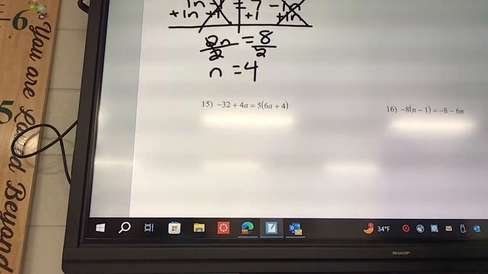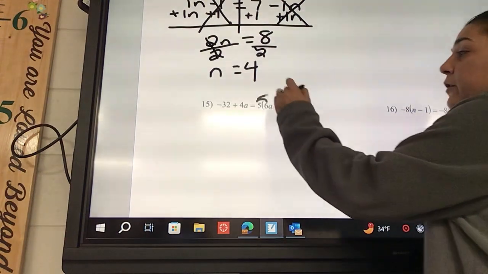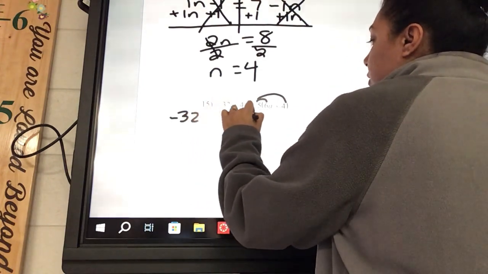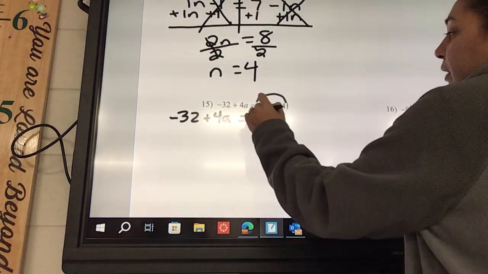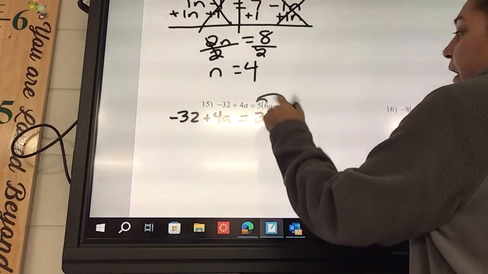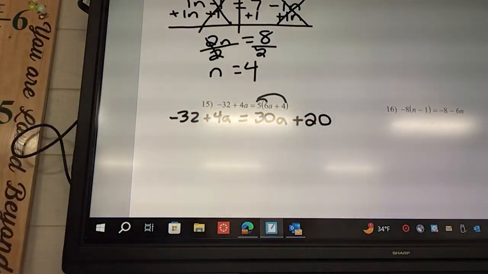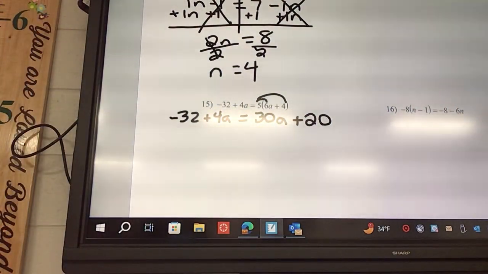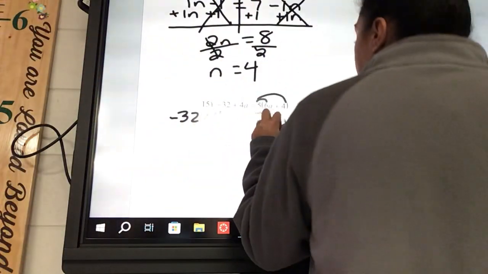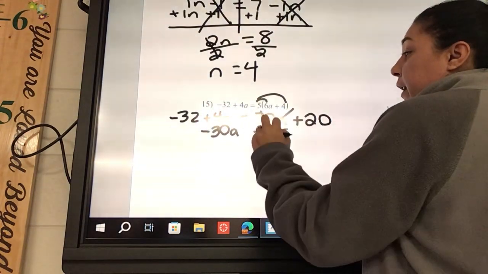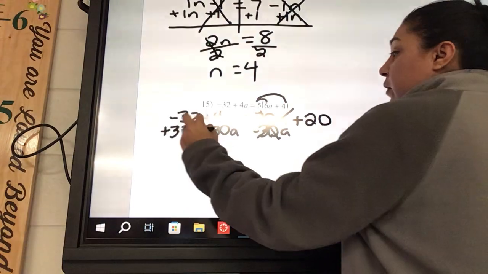Okay, 15. Again, we need to distribute first. Okay, so I'm gonna get a negative 32 plus 4a, nothing's changed over there. And on this side, 5 times 6 is gonna be 30a, and 5 times 4 is gonna be 20. And again, our letters are gonna go to the left, the numbers are gonna go to the right, okay? So this guy, he needs moved over here. And they're gonna cancel, and the 32 needs moved over here.